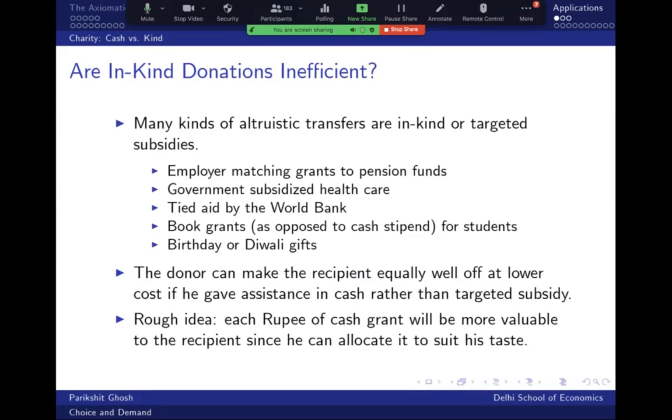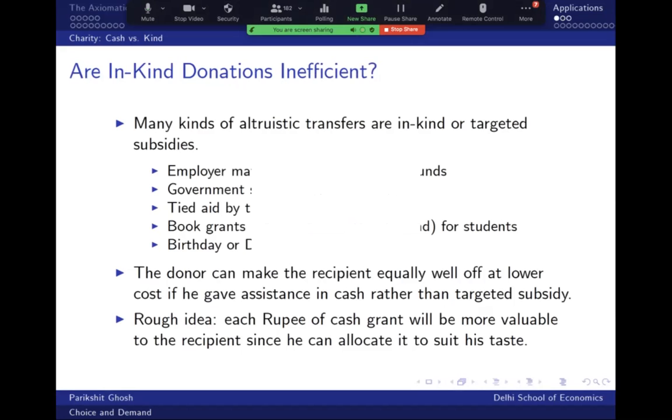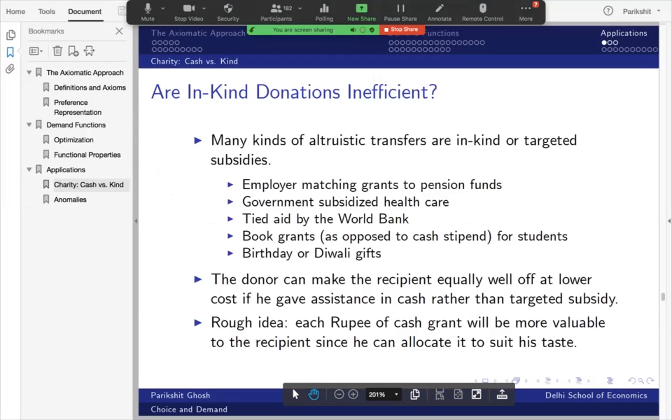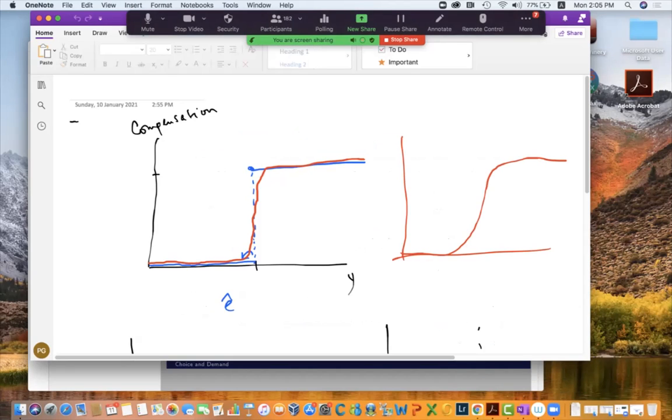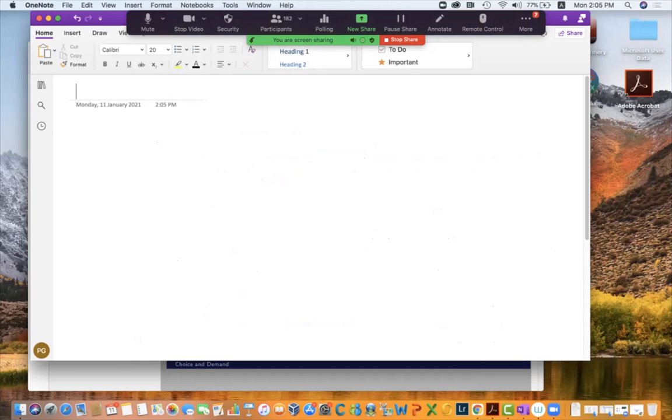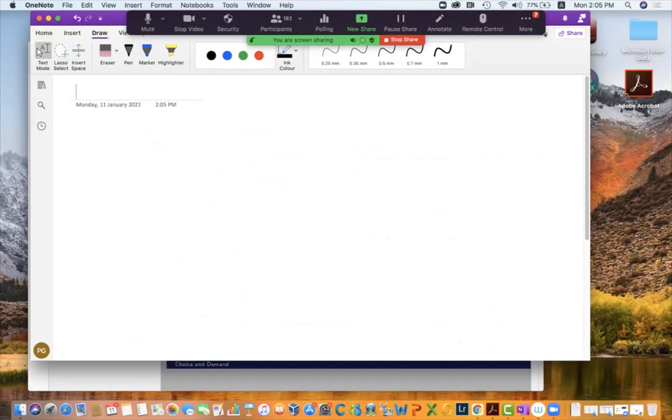So let me draw a picture to illustrate the basic idea. Here's an individual or a household.